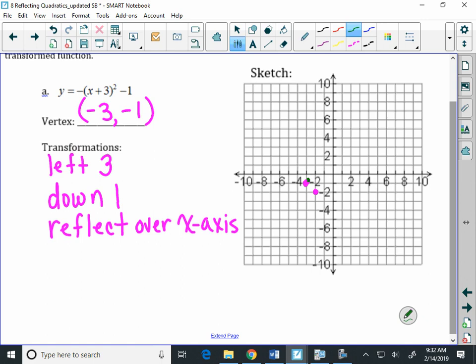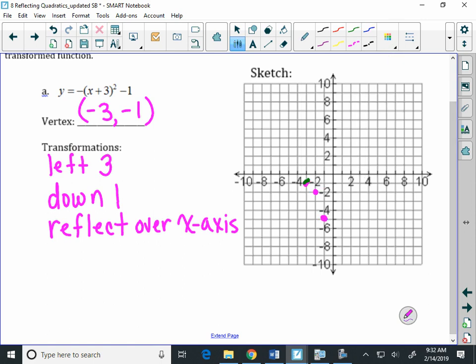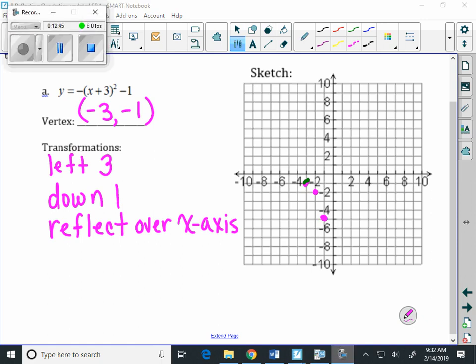And from this point right here, we're going to go 2 spaces to the right. But instead of going 4 up, we're reflecting, so we're going to go 1, 2, 3, 4 down. And not only are we doing the right side of that graph, we can also go to the left.